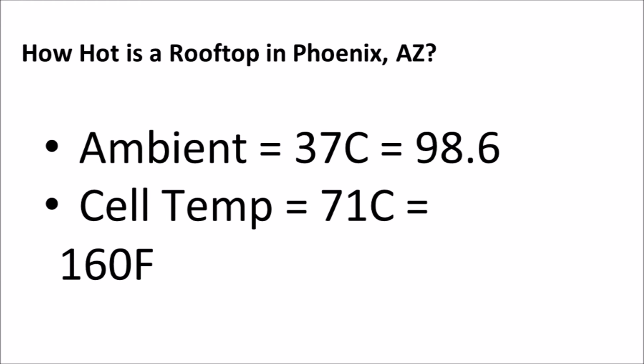Then there's this other part of standard test condition called the module surface temperature, and that's done at 25 degrees Celsius. So how does that compare to actual rooftop temperature? 25 degrees Celsius is equivalent to a 77-degree Fahrenheit day, and so how hot does it get on the roof when it's 77 degrees Fahrenheit out? Again, PV Watts comes in handy.